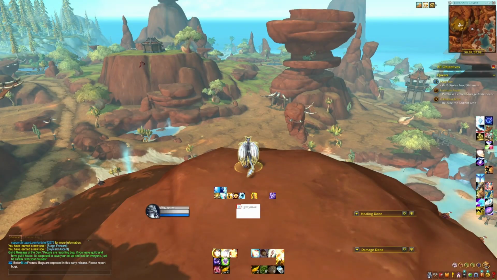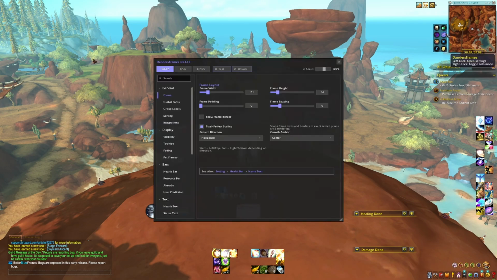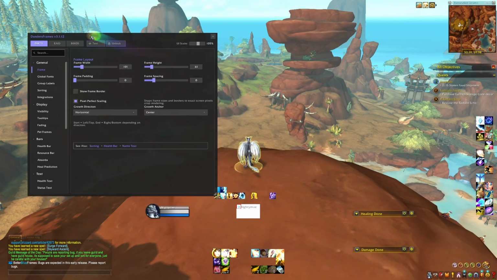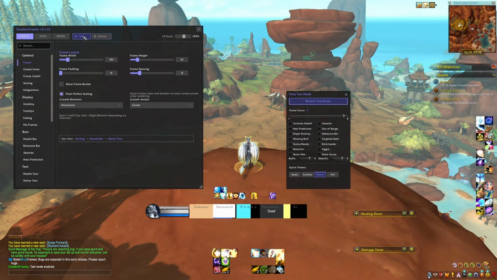It actually took me I think 2 to 3 hours to completely revamp my UI. And I was very shocked to find out that I actually had almost 40 add-ons. To be fair, a lot of those are really small quality of life add-ons that didn't do a ton, and some of them I didn't even use at all. So it was nice to go through and get rid of all of those.